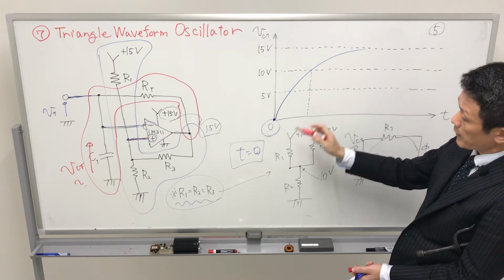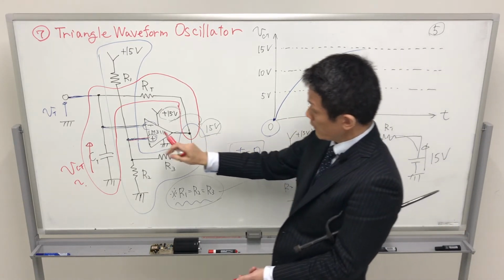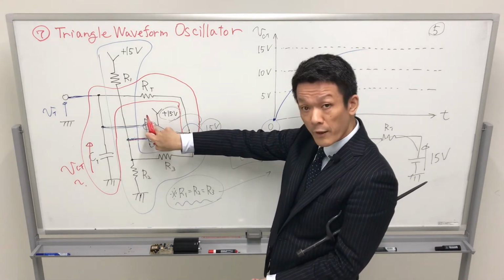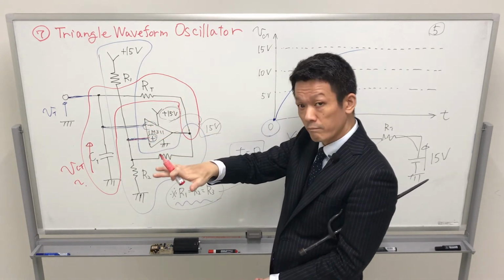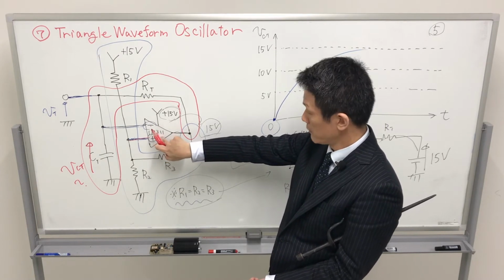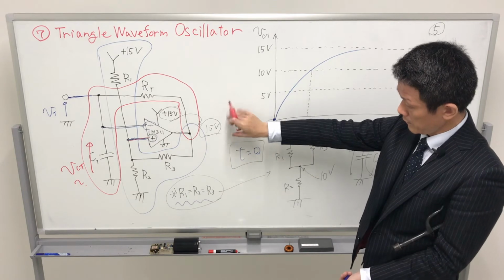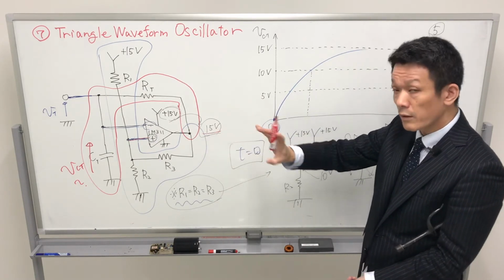But however, in this term, the minus terminal is at a lower voltage as compared with the plus terminal. So the output voltage is constant.